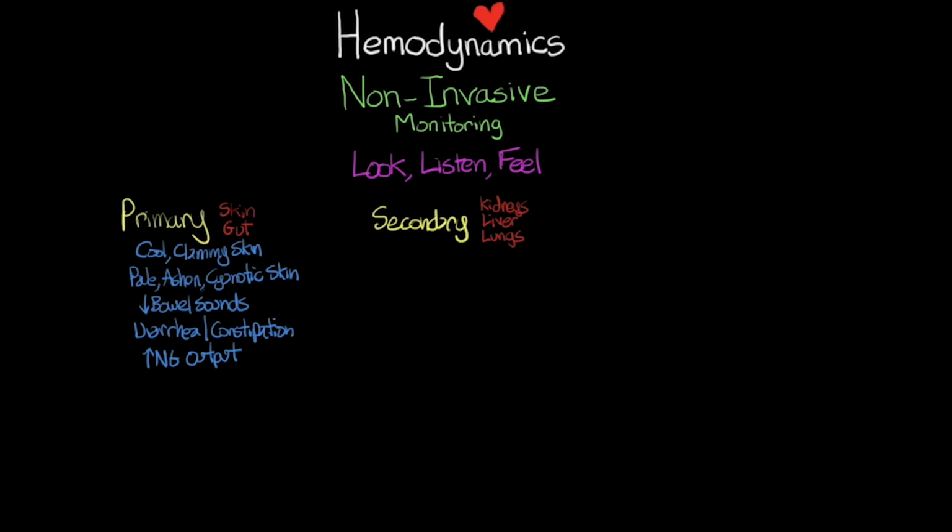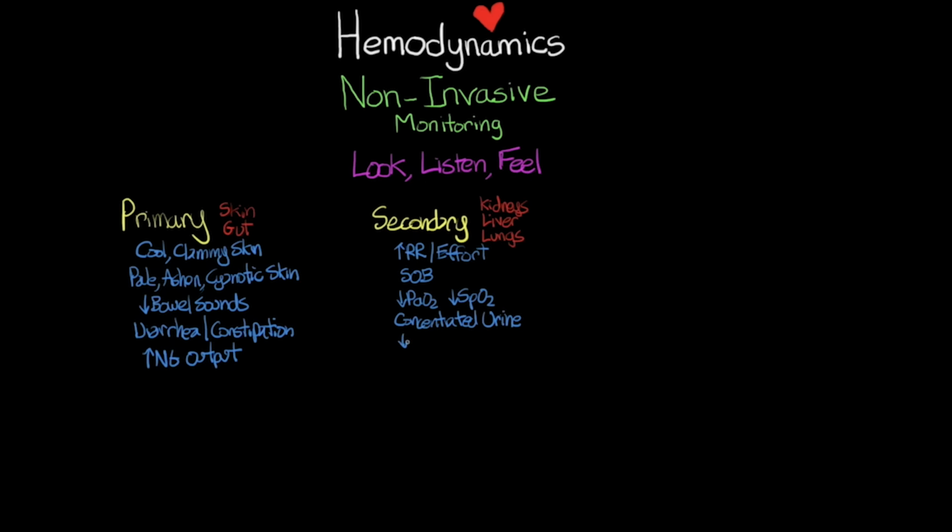And signs that you're going to see that the body is beginning to shut down blood flow to these organs: you're going to see an increased respiratory rate and effort. Your patient may be short of breath. You may notice a decreased either PaO2 or decreased SpO2. You'll start to notice concentrated urine.